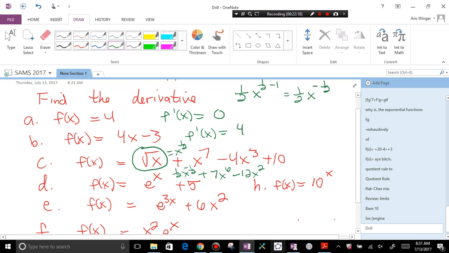The homework due tomorrow deals with the power rule and adding. The derivative of e to the x is e to the x, plus 0. 10 to the x times the natural log of 10. The derivative of e to the 3x is 3e to the 3x. The derivative of 6x squared, 12x.